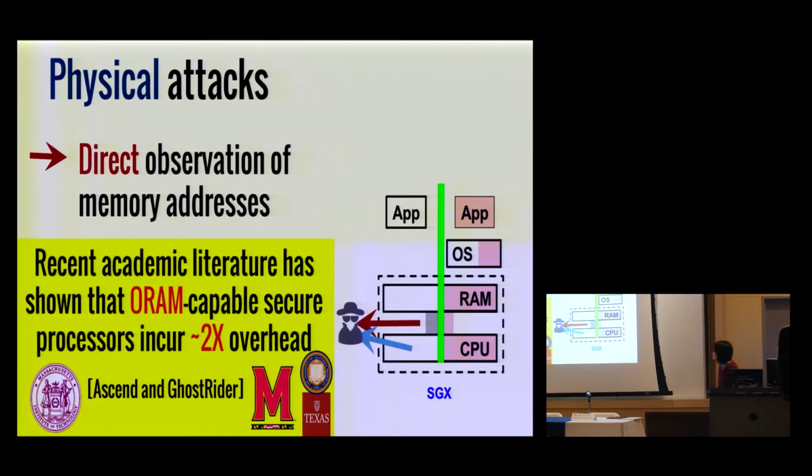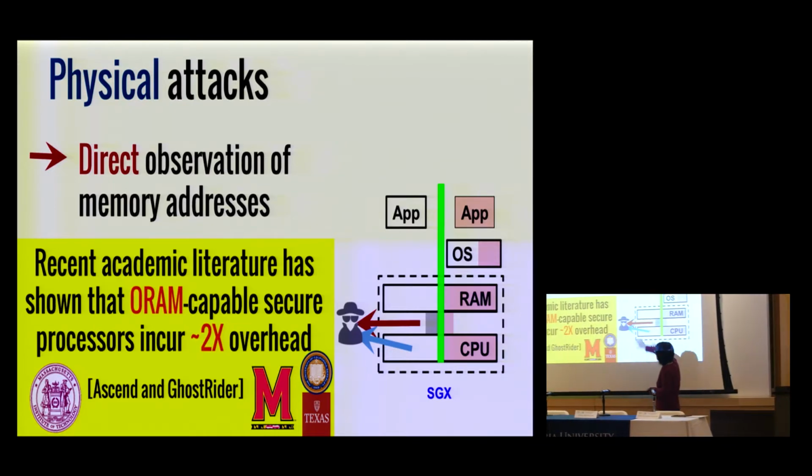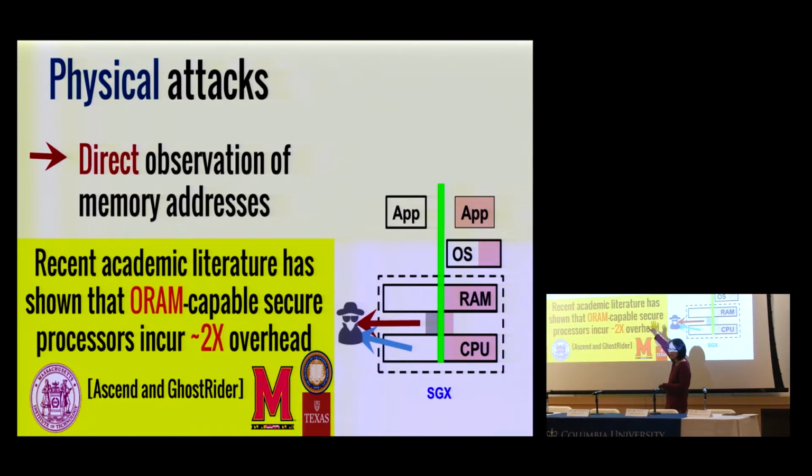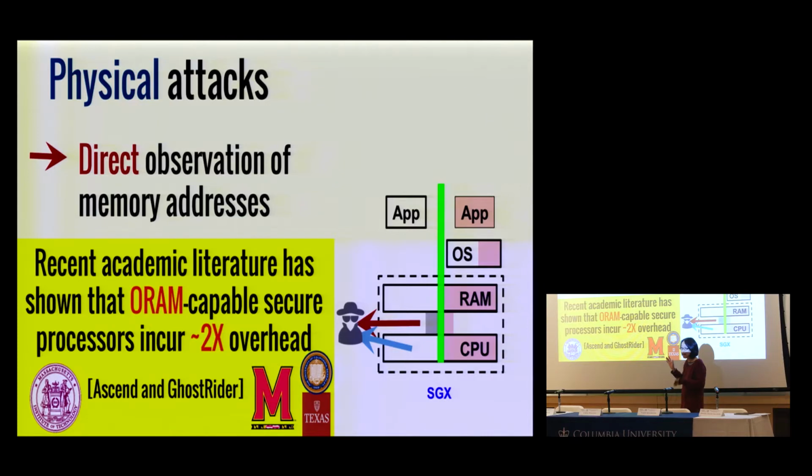I wanted to mention that this memory address leakage problem, here in the context of a physical attack, has been solved in the recent academic literature. In particular, we have demonstrated that it's possible to build an ORAM inside the hardware and achieve only very low overhead.